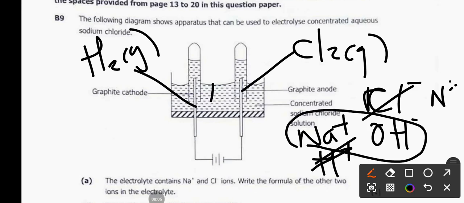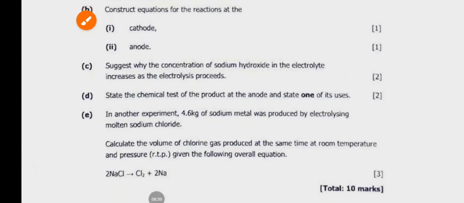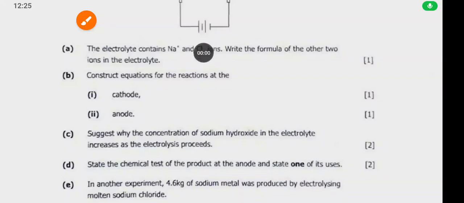Because as the electrolysis process proceeds, hydrogen gas and chlorine gas are discharged at their respective electrodes, thereby leaving behind sodium ions and hydroxide ions in a higher concentration. Okay, so I think that would be the answer.